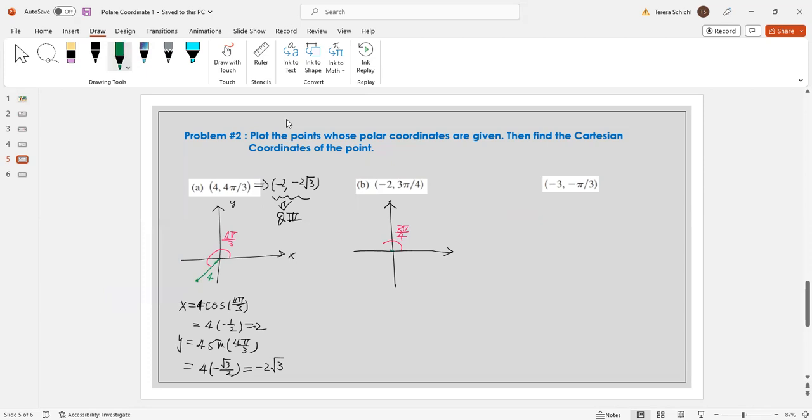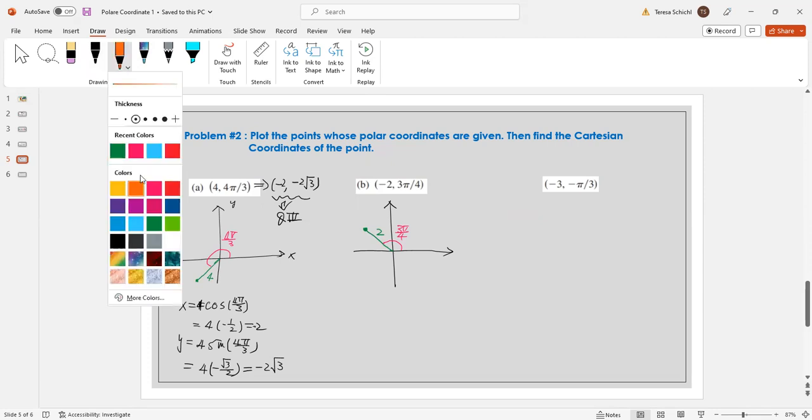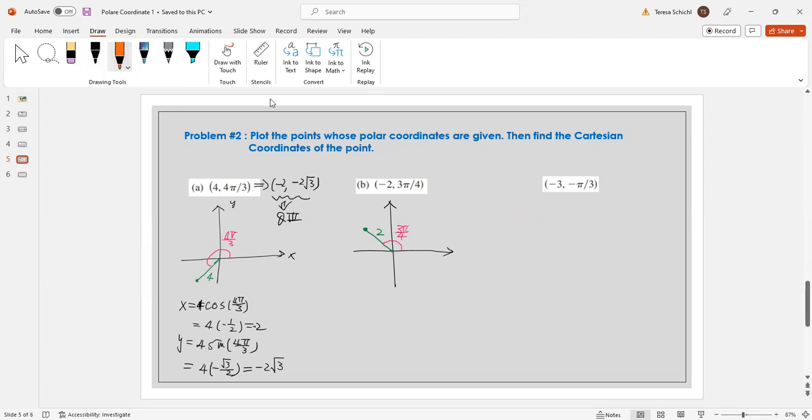If I stop here, then this will be 2. But it asks us for negative 2. So where is my point going to go? The opposite direction here. So this will be my point.